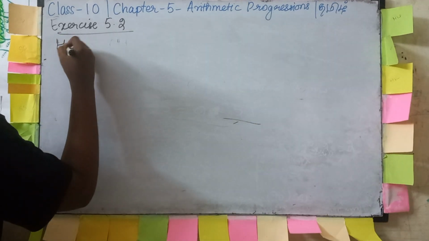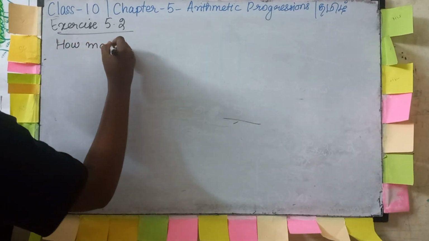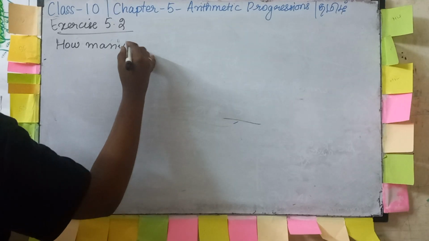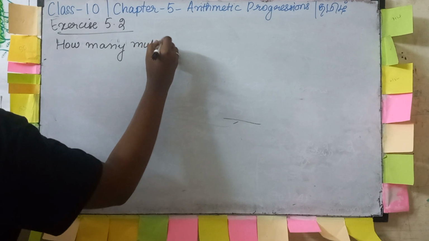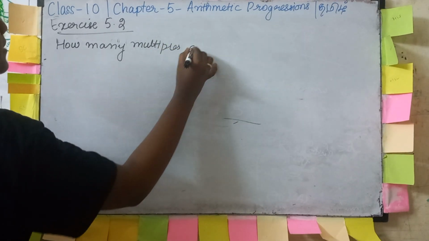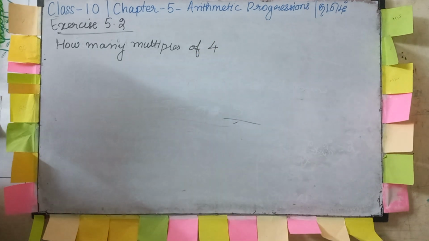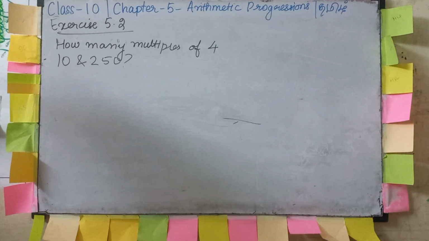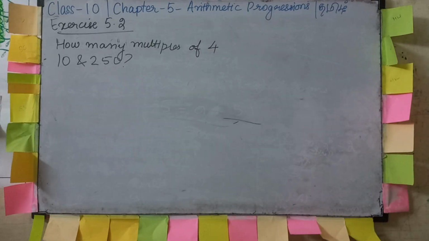How many multiples of 4 lie between 10 and 250? How many, we are going to find. So how should we do this?